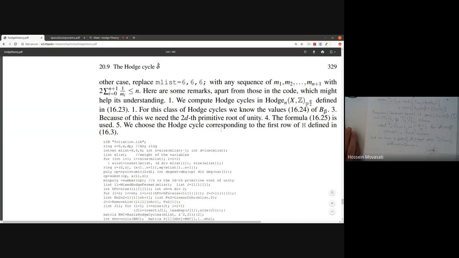Then at the end we can write down the code and compute the Hodge cycles and this matrix, codimensions and so on.